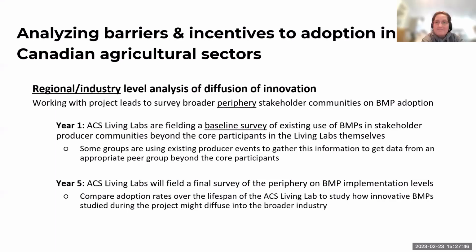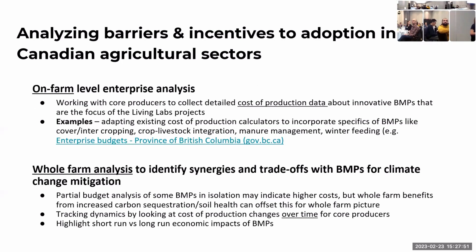Yeah, okay. Can you go back one slide? The question I have, I think you maybe said it: the cost benefit analysis, people want that, the cost of production data.